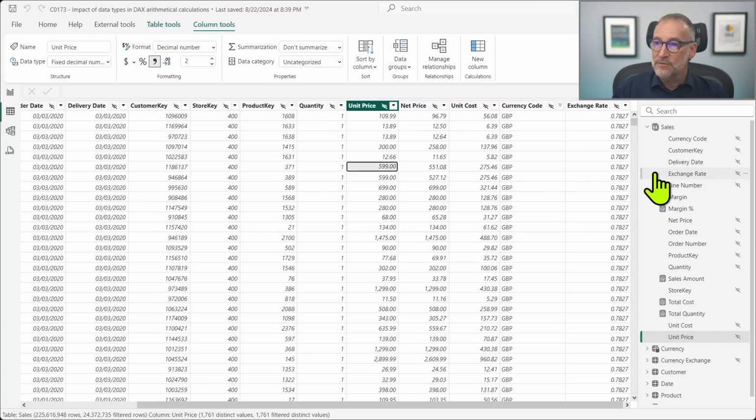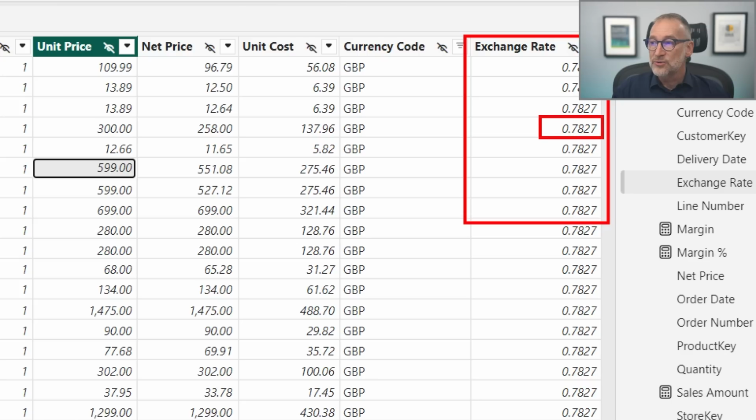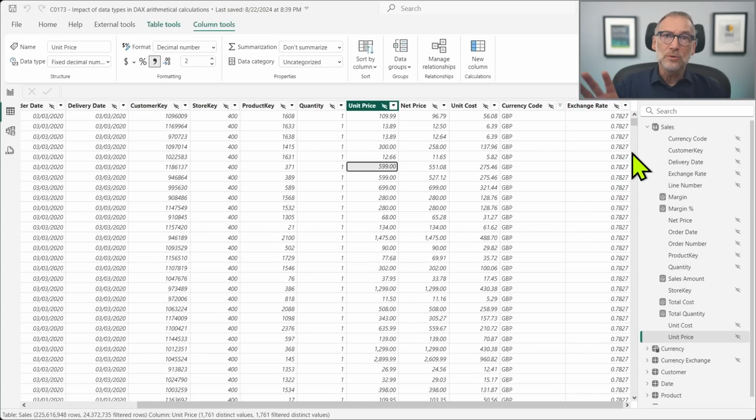That is why I have also stored in the sales table the exchange rate. This is telling me that the exchange rate on that specific date between dollars and pounds was the given number. I use this column in order to perform the multiplication.